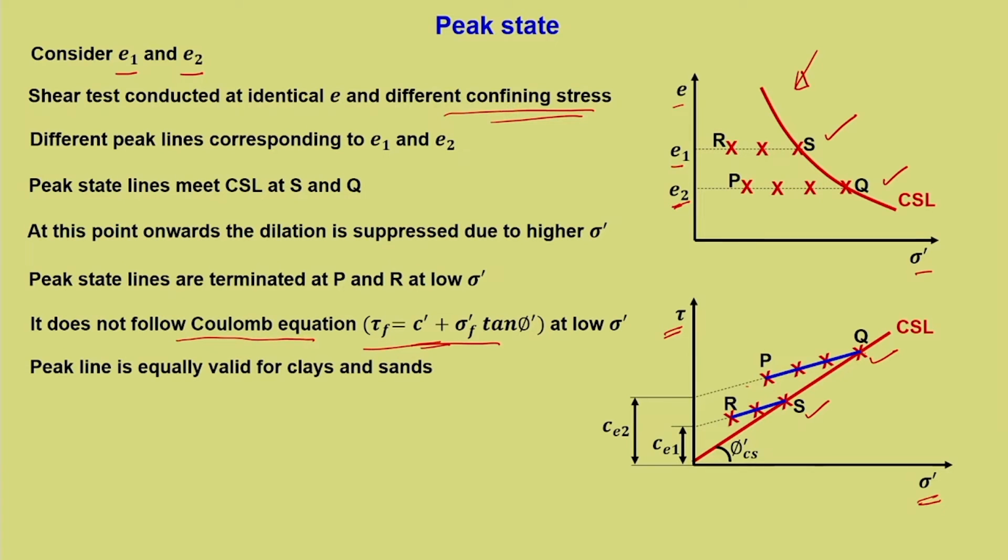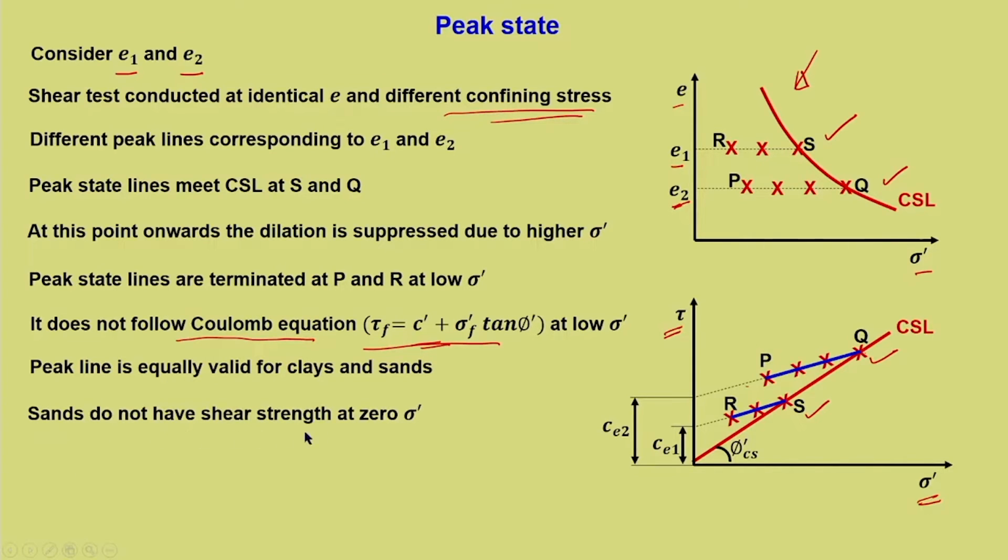But what about the condition close to zero confinement? Can it have cohesion? Definitely not. That is another reason why we say that in general Coulomb's envelope or Coulomb's equation may not be valid for lower stress conditions.